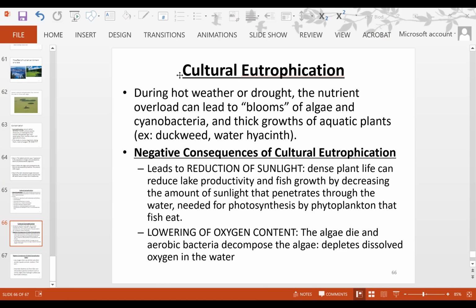So that in itself is reducing lake productivity as well as fish growth, because fish are eating the phytoplankton. You're also lowering the oxygen content because of the decomposition of the algae once they die.